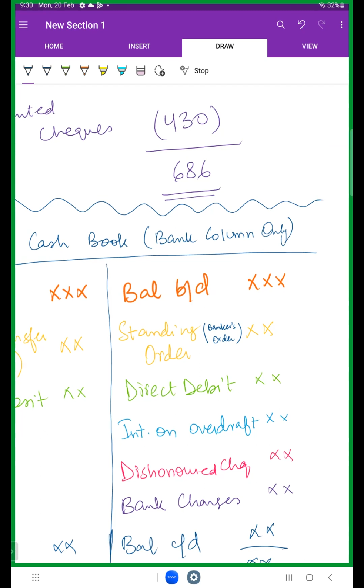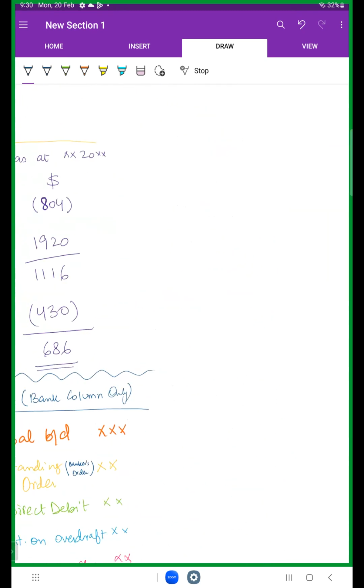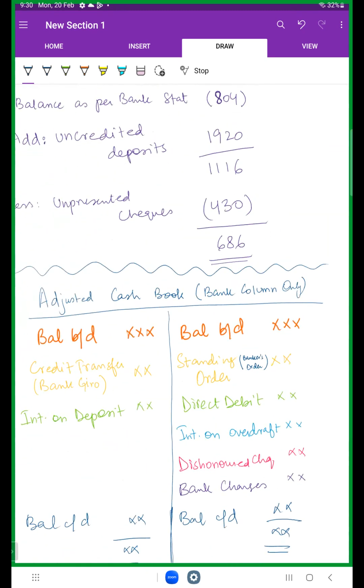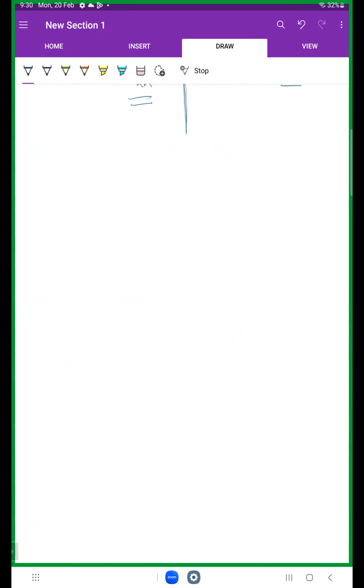Now, coming back to our bank statement, the reconciliation statement. I'm writing it in short as BRS, but it's actually bank reconciliation statement as at whatsoever the date is.